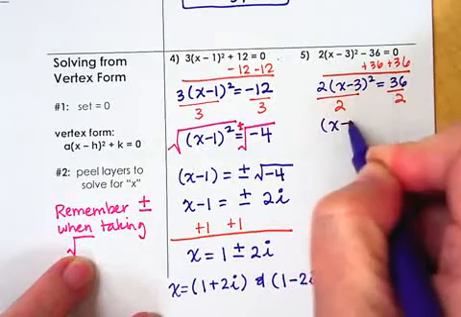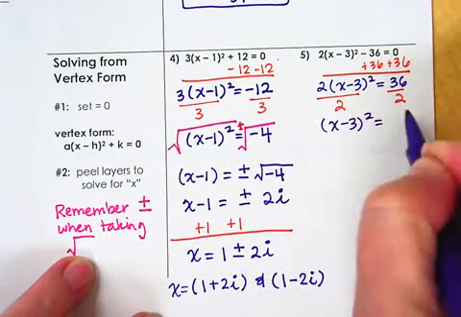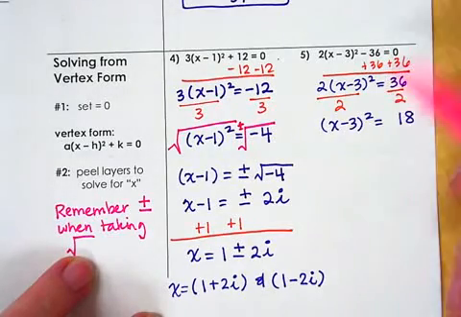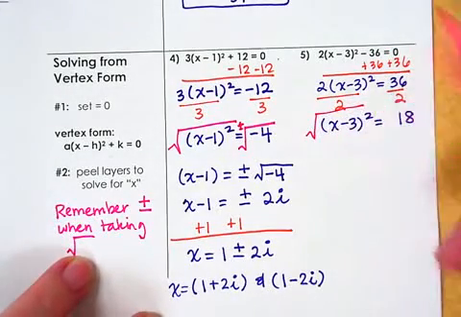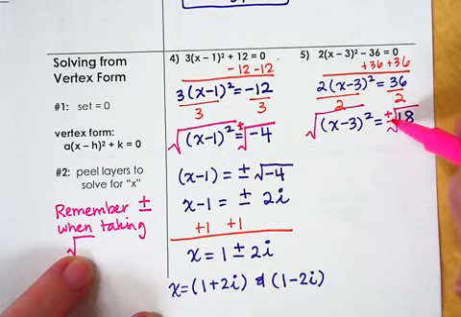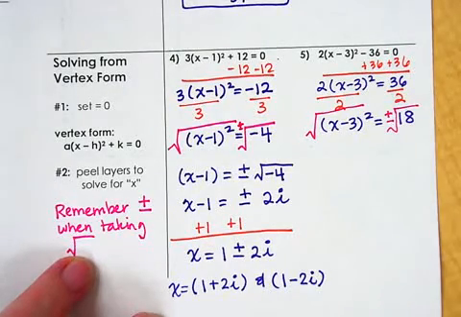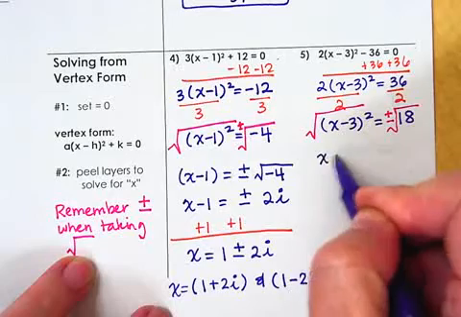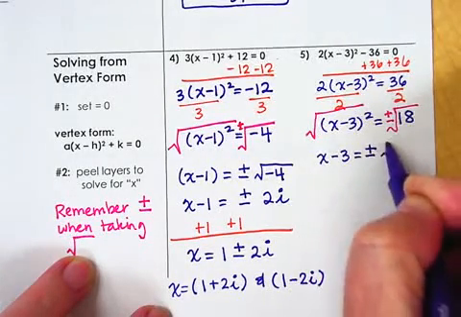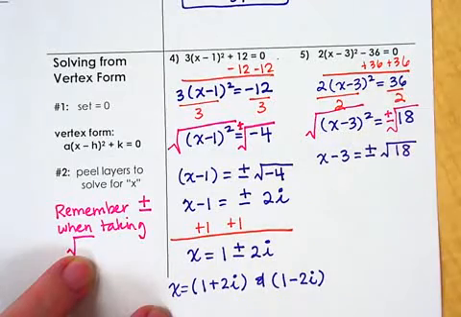So we have the x minus 3 squared equals 18. Okay, then we're going to take the square root of both sides. When we take the square root of both sides, I have to include the plus or minus sign on the right-hand side to go in front of the radical. So that gives me x minus 3 equals plus or minus the square root of 18.